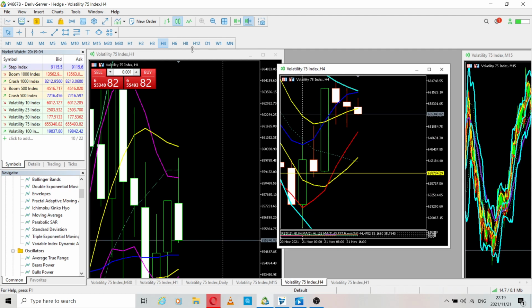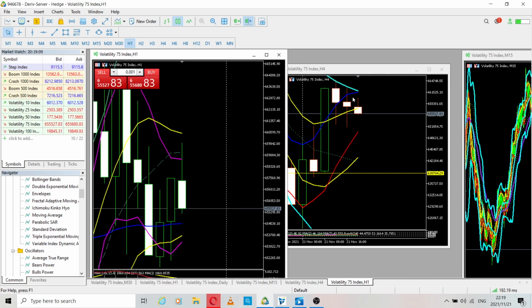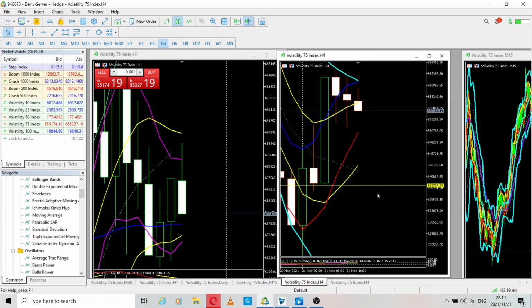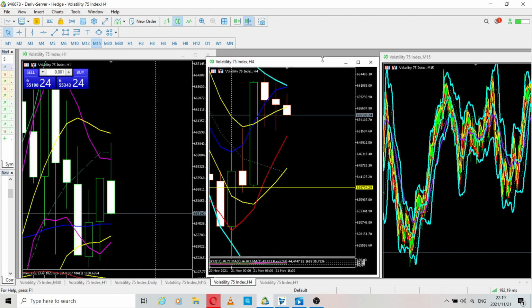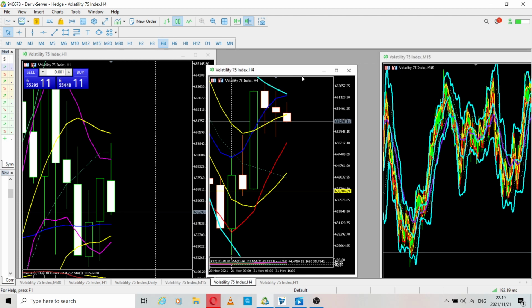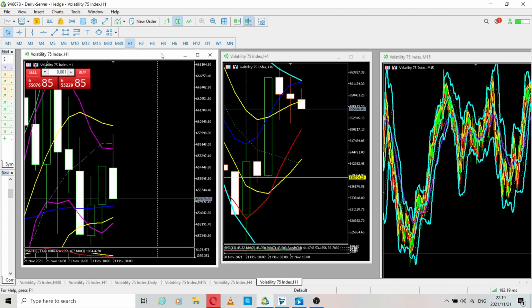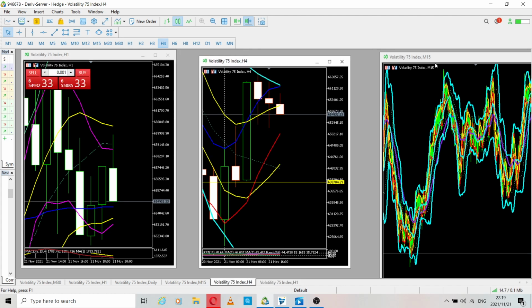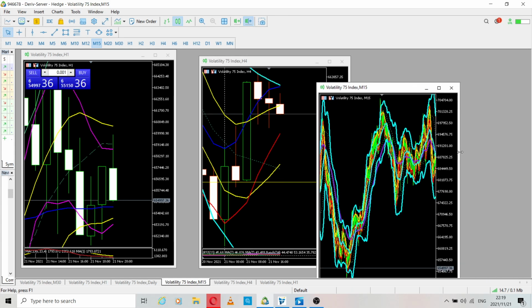You'll be having your three time frames open at the same time, like this, so that you can see what is happening, because normally what we're looking for is the last candles of the market, because that's where the price is, and that's where the movement is.